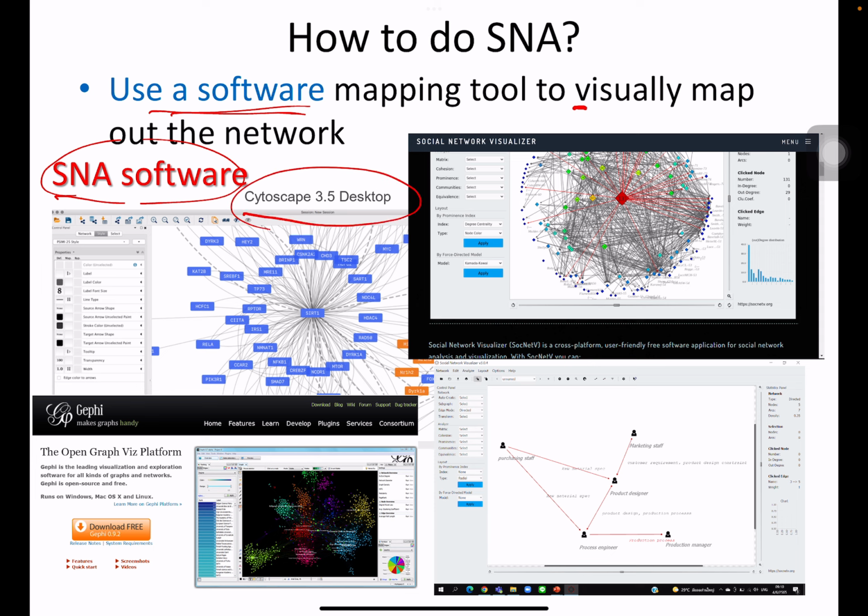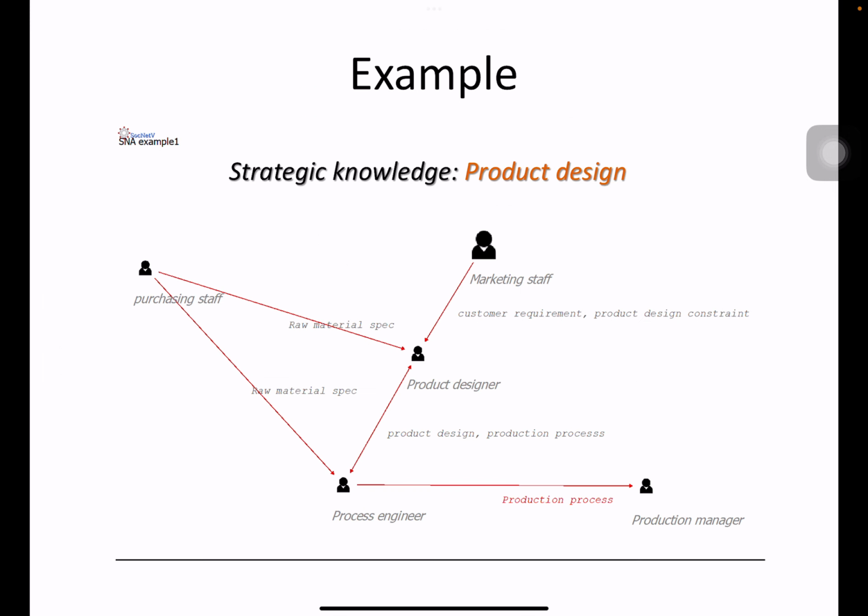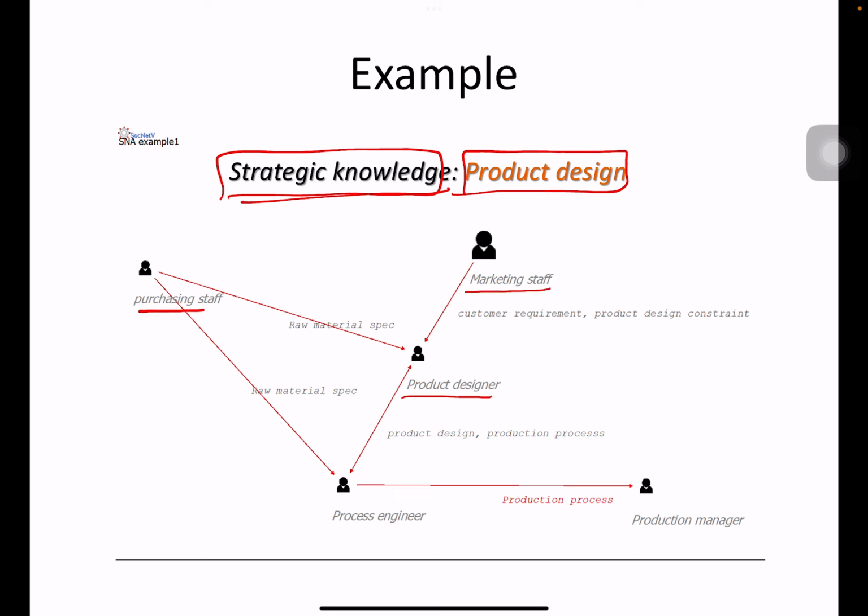You can do it manually or use software. Here is the example of the concept. We start with the strategic knowledge, for example, product design. You can see this map that has product designer, marketing staff, purchasing staff, process engineer, and production manager.